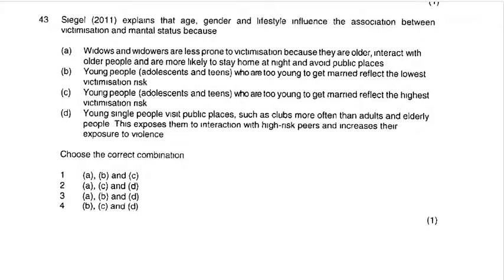C. Young people who are too young to get married reflect the highest victimization risk. D. Young single people visit public places such as clubs more often than adults and elderly people. This exposes them to interaction with high-risk peers and increases their exposure to violence. 43, the answer is 2, is found on page 20.